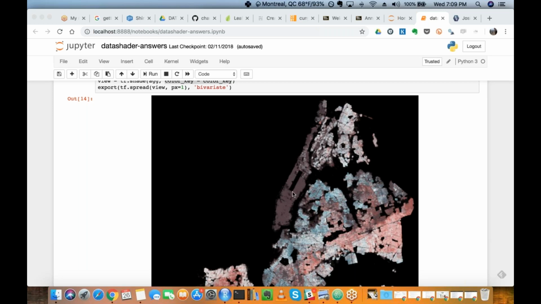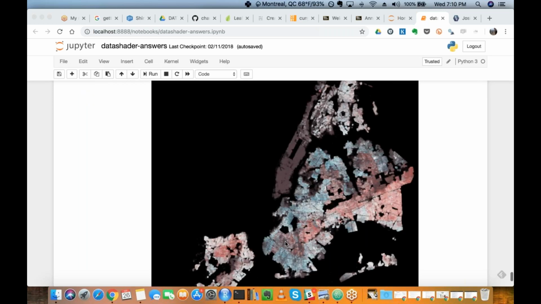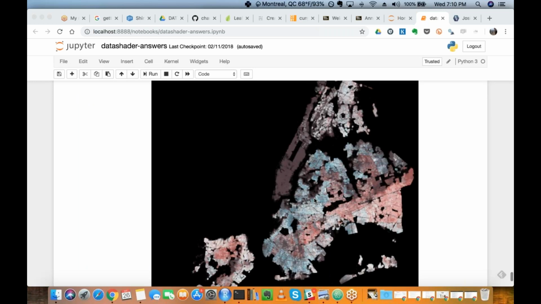For example, you're able to differentiate between areas like Midtown Manhattan, or most of Manhattan below 96th Street, where you have a maroon color, which means you have high land values as well as high structure values, versus areas like the Northeast Bronx, South Queens, Central Brooklyn and Staten Island, where you have both low land values and low structure values.